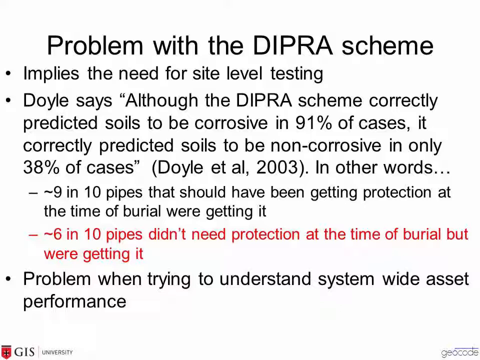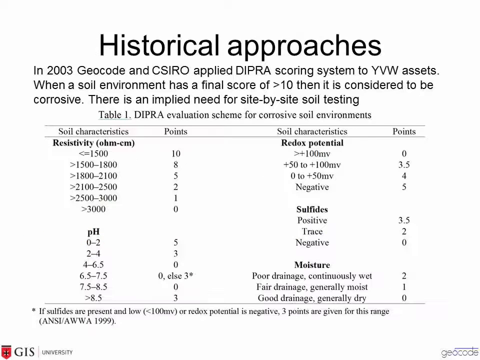Okay, so I think that Doyle's work shows that an asset manager's suspicion that an asset needs protection might actually be just as effective as applying the DIPRA test. To be honest, it is my suspicion that one of the missing pieces in the buried asset performance puzzle is that the DIPRA scoring system lacks a climate component.